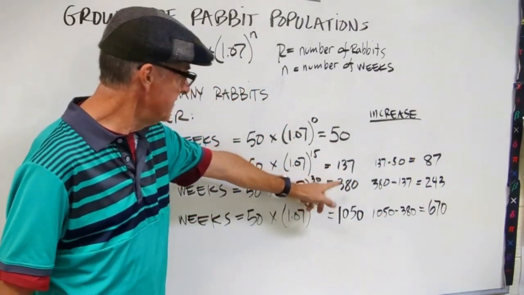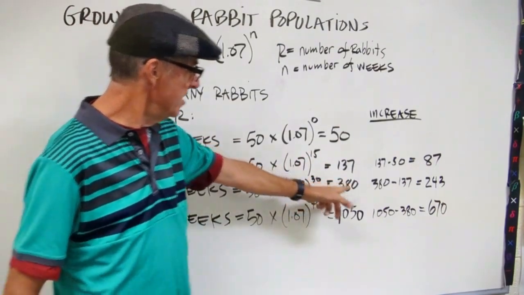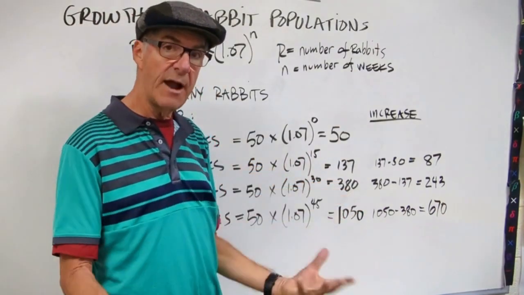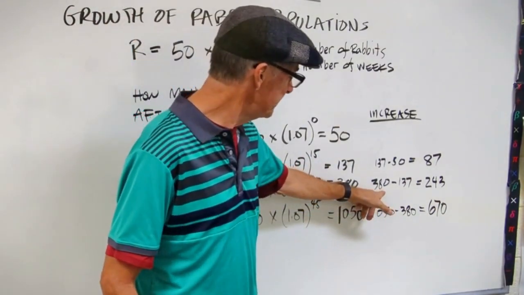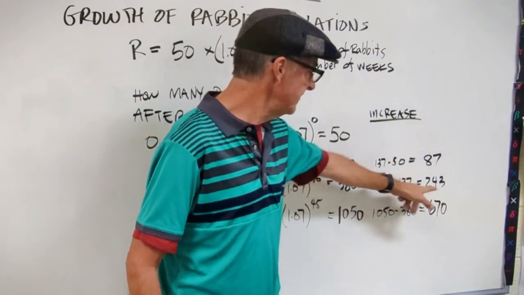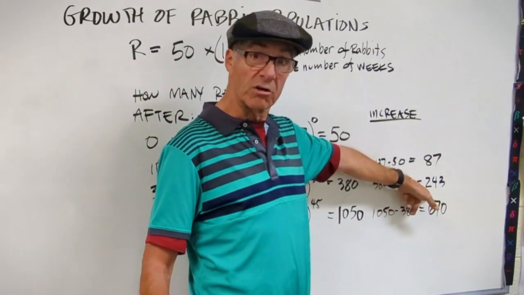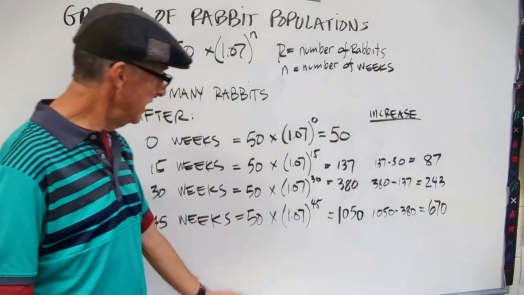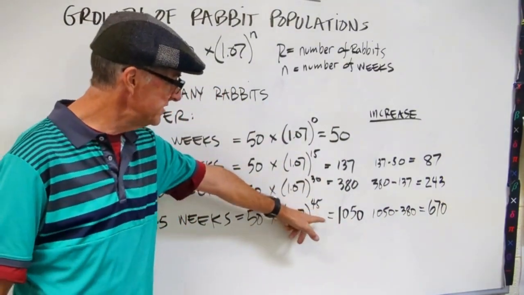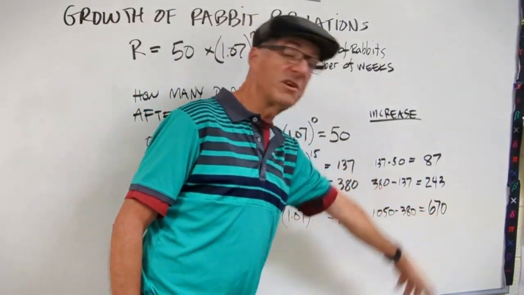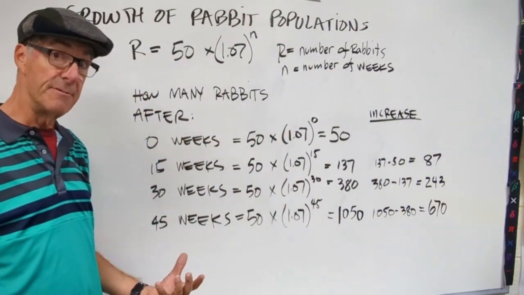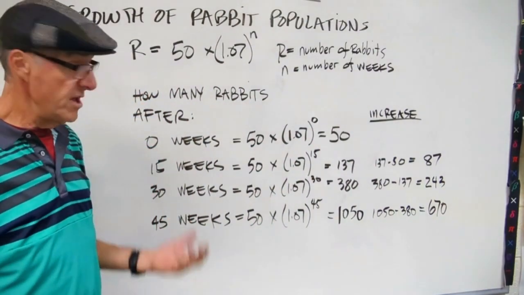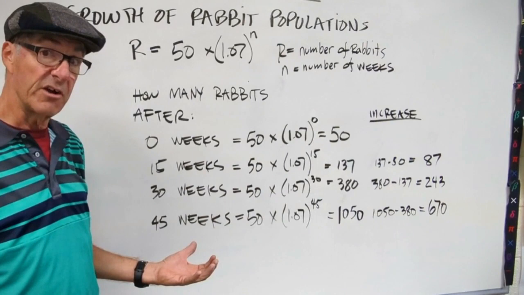In the second time step, going from 15 to 30, we ended up with 380. So how many rabbits did we increase by? We increased by 380 minus 137, so we got 243 more rabbits. So quite a few more. And then finally going from 30 to 45 weeks, I did my math here, and we increased by 670 rabbits. Okay, so it's increasing at a quicker rate.